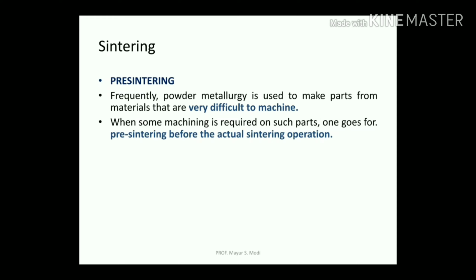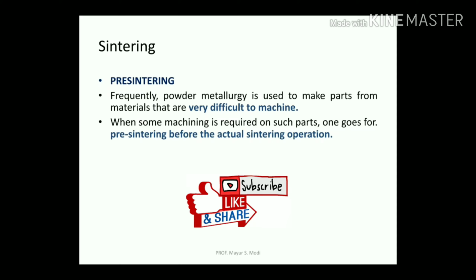Once you apply the sintering process, your components will have a higher hardness. Then if you want to carry out some secondary operations, before that you have to perform the pre-sintering operation. The basic difference between sintering and pre-sintering is the heating range.